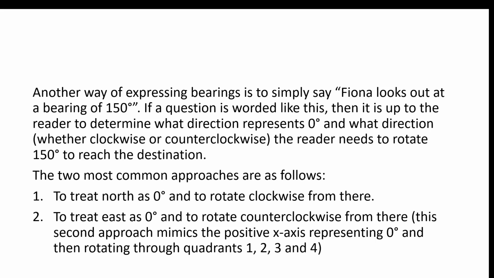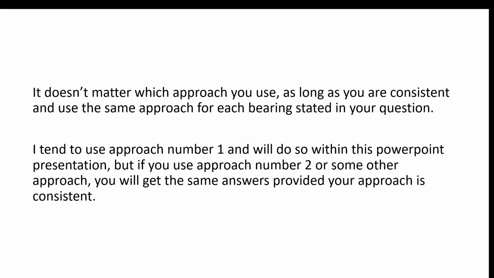So the two most common approaches are some people treat north as 0 degrees and rotate clockwise from there. Another situation, which kind of falls more in line with what we do in most questions involving angles, is to treat east as 0 degrees and then rotate counterclockwise from there. That mimics a positive x-axis representing 0 degrees and then rotating through quadrants 1, 2, 3, and 4.